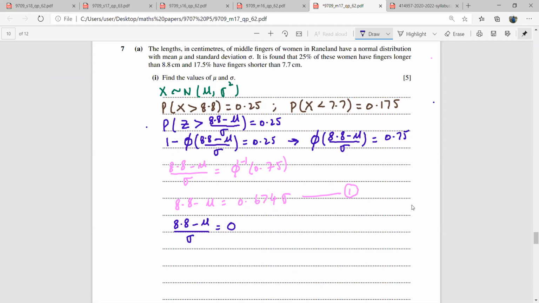Oh, sorry, this is 7.7 here. Sir, why aren't we using 0.677 for phi inverse of 0.75?